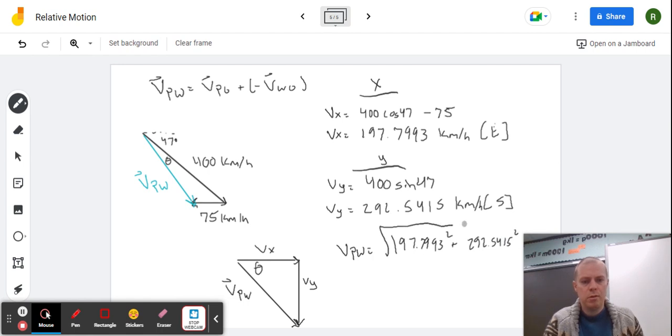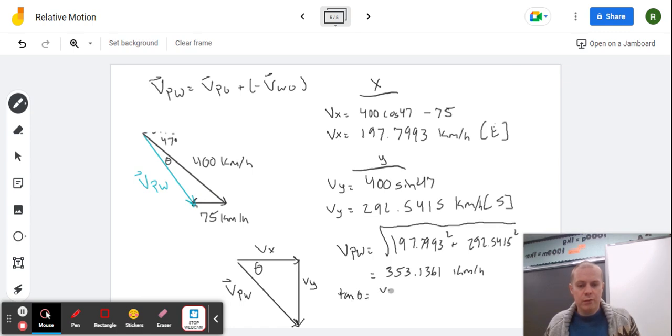Squared. Okay. So we run that through, we get 353.1361 kilometers per hour. Okay. And then tan theta is going to be Vy over Vx.